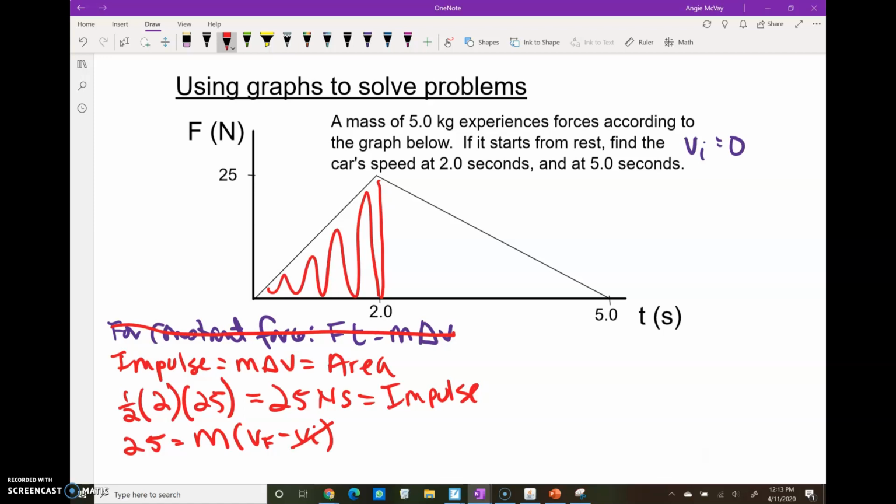Okay, so this turns into 25 equals the mass, 5, times V final. Okay, and so that means V final is equal to 5 meters per second. Right, and the final that we were solving for is the speed at 2 seconds.